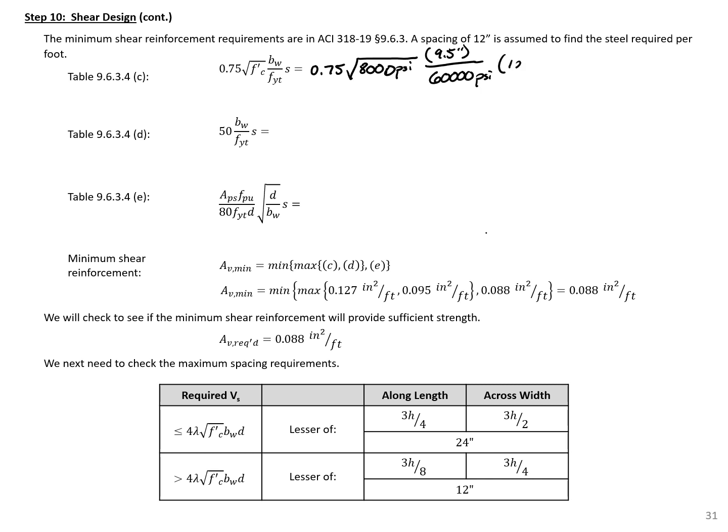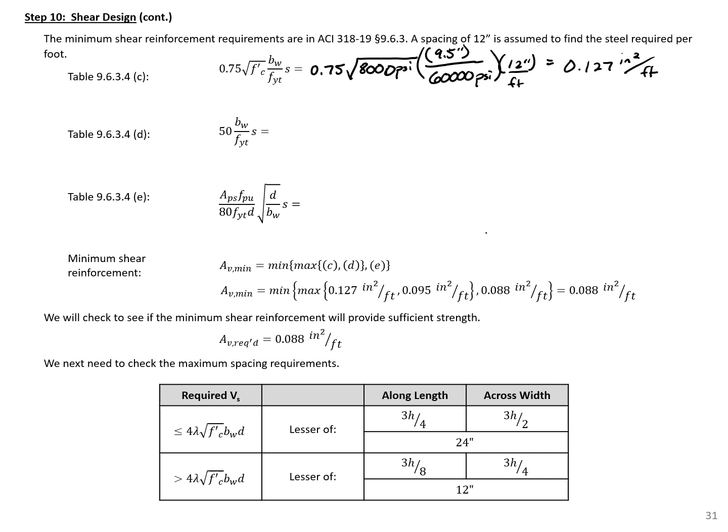We're going to find the amount of steel required per foot, and then we can use that to figure out what actual steel we need to provide. Plugging in 12 inches per foot, we'll have a value here of 0.127, and this is the shear reinforcement that we'll need per foot.